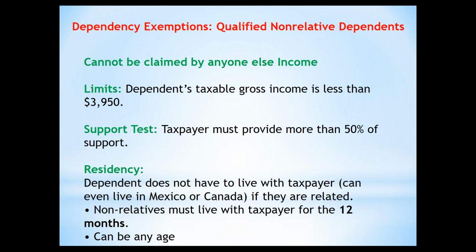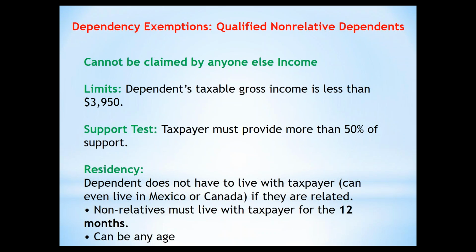They can't be claimed on anybody else's tax return, so they can't be claimed on their own tax return. There's also limits, so they can't earn anything more than $3,950. If they earn more than that, then they can't be claimed, and that includes Social Security income. There's a supports test, so the taxpayer cannot provide more than half of their own support.